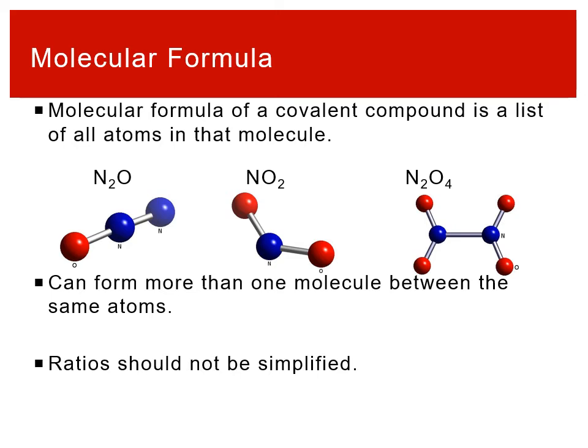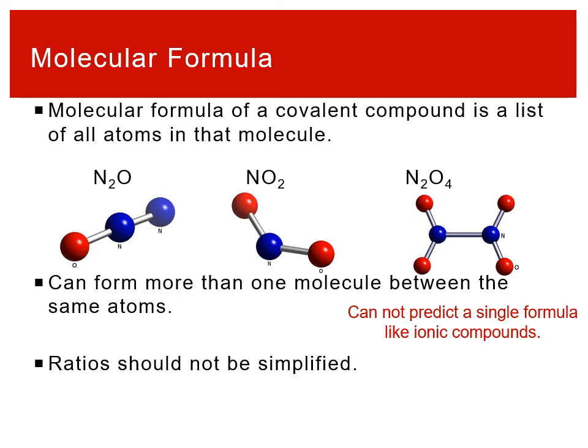So a couple of things that come from this is first, we can form more than one molecule between the same pair of atoms. So nitrogen and oxygen form these three molecules at least, and many others. One of the things that affects that is when it comes to covalent compounds, you can't predict a single formula, right? We did an example with ionic compounds of aluminum and sulfur. What compound do they form?